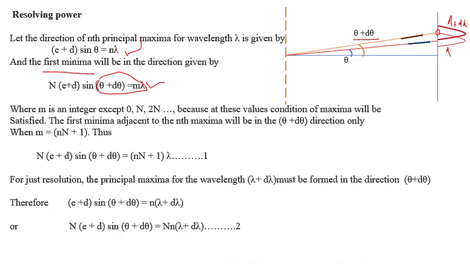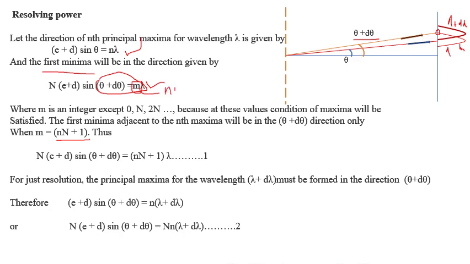But what is the value of m? If this maxima is the nth order maxima, then what is the position of the first adjacent minima of this nth maxima? It is equal to nN plus 1. Why can we say nN plus 1? Because we cannot write the position of m as n plus 1.